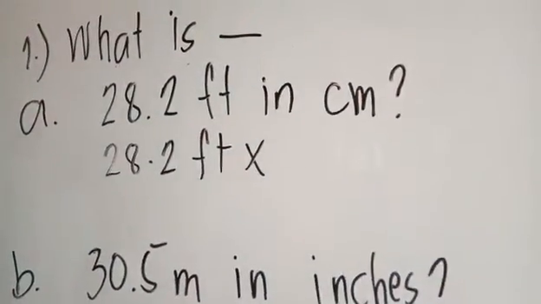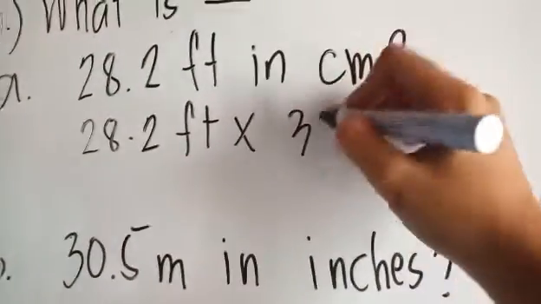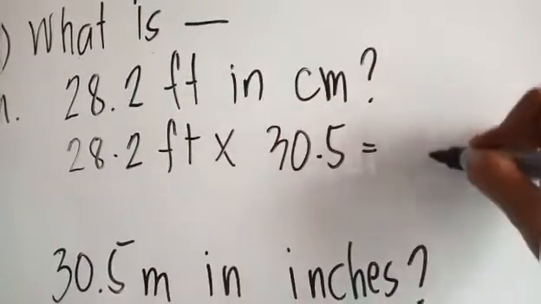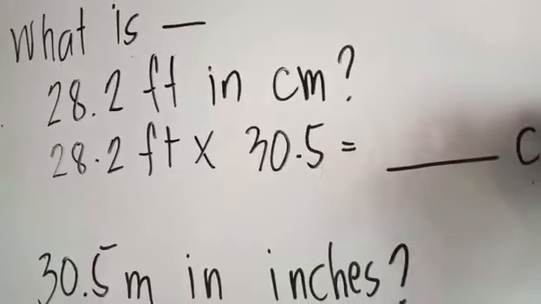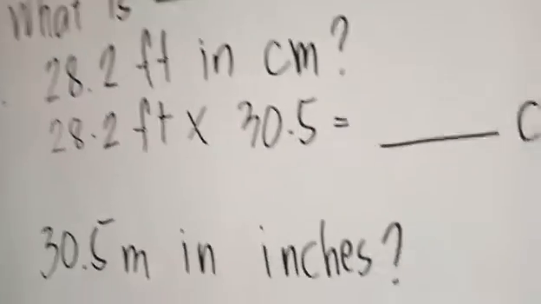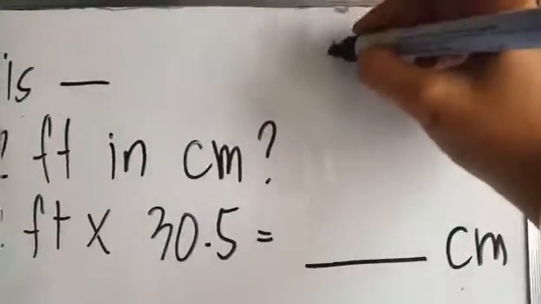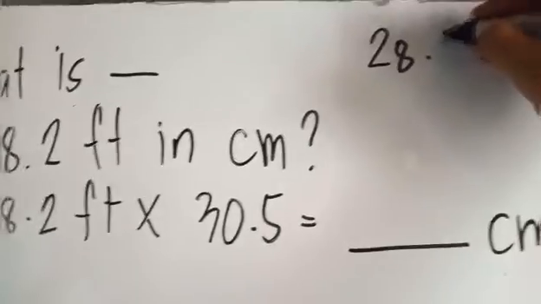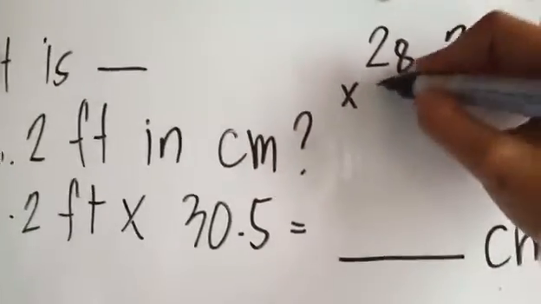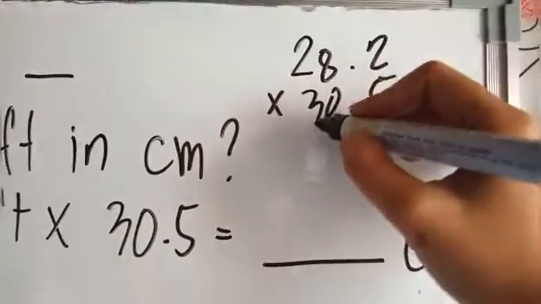Multiply lang natin sa 30.5 para siya ay maging centimeter. Kasi nga, 1 foot is equal to 30.5 centimeter. So, multiply lang natin siya. So, dito na sa taas, we have 28.2 times 30.5.